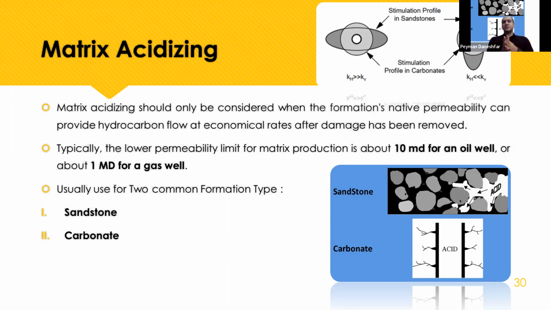Guys, one thing, this is my experience: acidizing in an oil well is more difficult than in a gas well. If you are a simulation engineer, you know, but if you want to be a simulation engineer, always remember this, it is important.